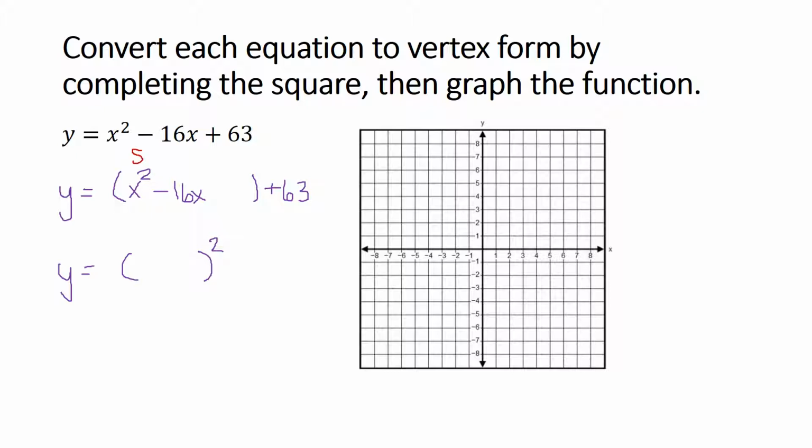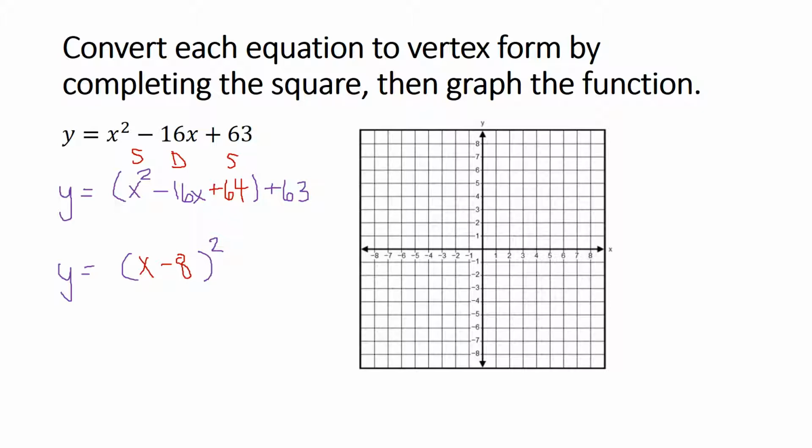Remember the pattern is square, double, square. So to change this into a perfect square, I would start with x. And then what do I double to get negative 16? That would be a negative 8. And then negative 8 squared is a positive 64. But I can't just go around adding 64 to my equation. That changes the value of the original function.